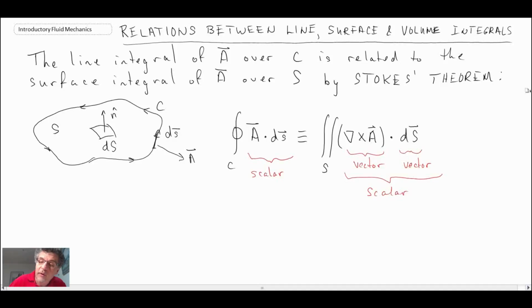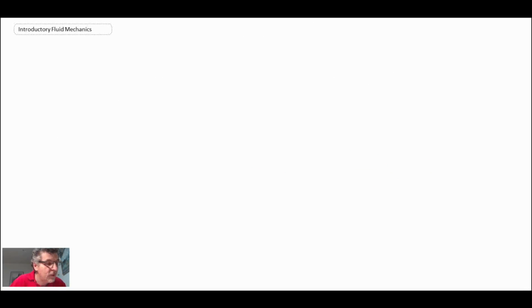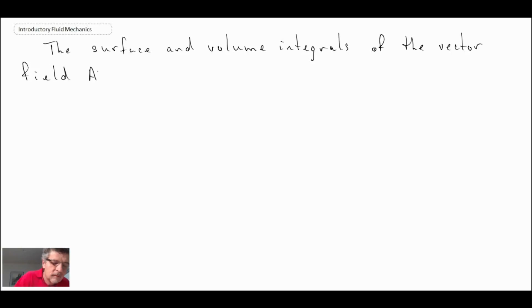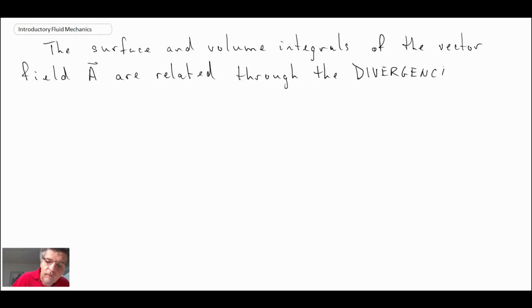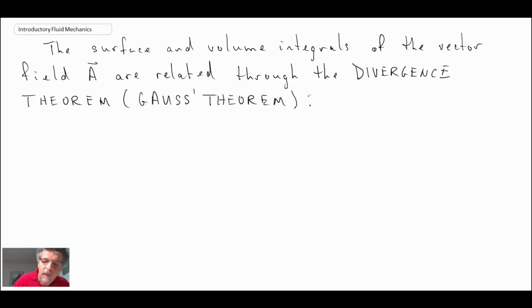The next one that we're going to take a look at is a relationship between a surface integral and a volume integral. These are related, the surface and the volume integrals of our vector field A, through the divergence theorem, which is sometimes also called Gauss's theorem. Let me draw out a schematic again of what we're looking at.